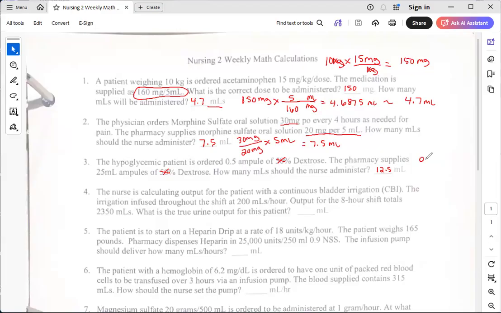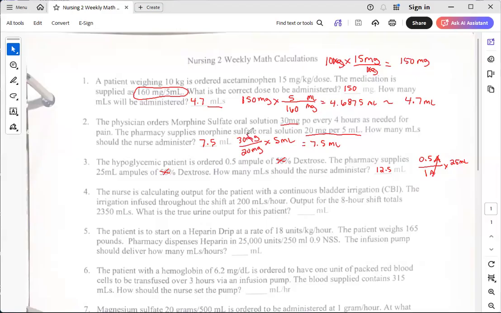I would take my order. So I'm just going to write 0.5 for the ampule over my available ampule. So one ampule that contains 25 milliliters. And when I take 0.5 ampules cross out, 0.5 times 25 gives me 12.5 milliliters.